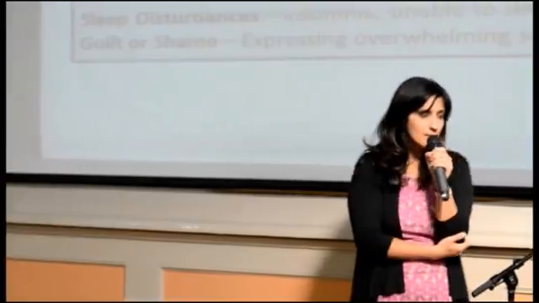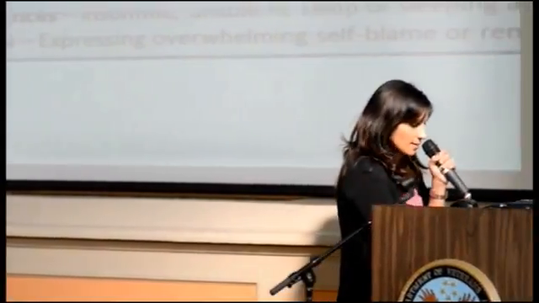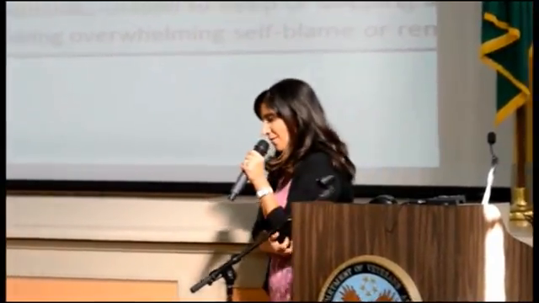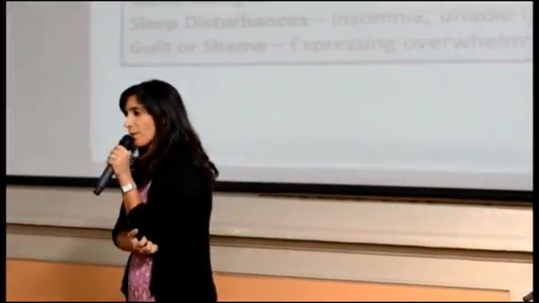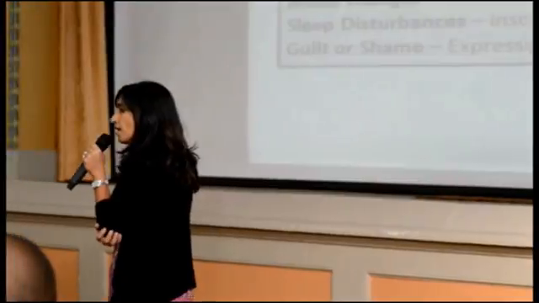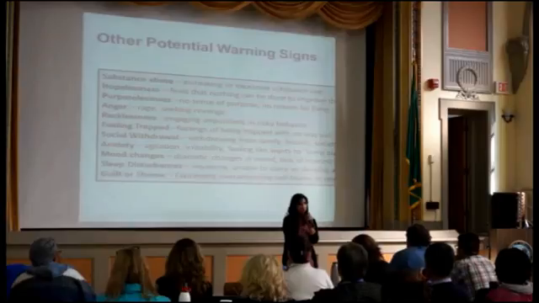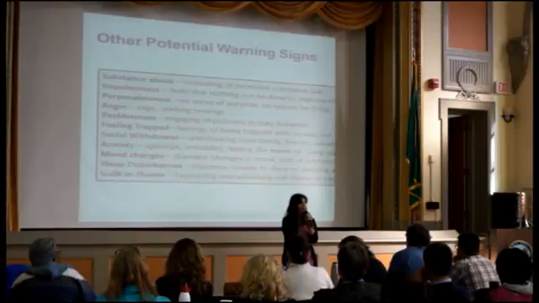Sleep disturbance. Sleep is something that comes up over and over again in relation to a lot of different psychiatric and medical conditions, and it has a huge impact on individuals. Insomnia and nightmares have actually been independent predictors of suicide.